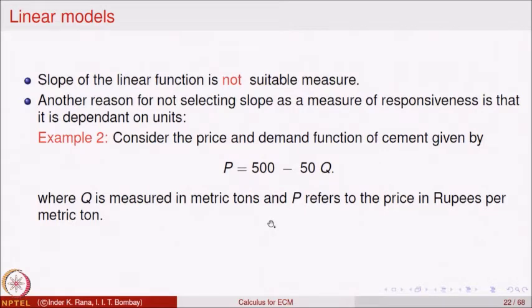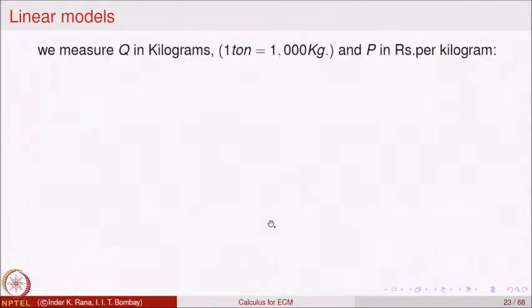Now, let us suppose we change these units from metric tons to something else. So, we measure Q in kilograms instead of metric tons. In case you do not remember, 1 ton is equal to 1000 kg, and the price is measured per kilogram. So, we want a relation between P and Q where P is the price per kilogram and Q is in kg.